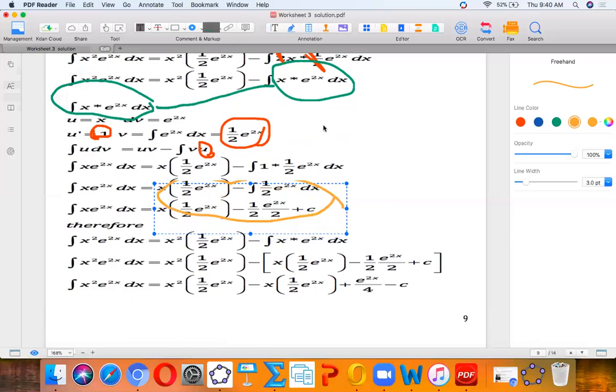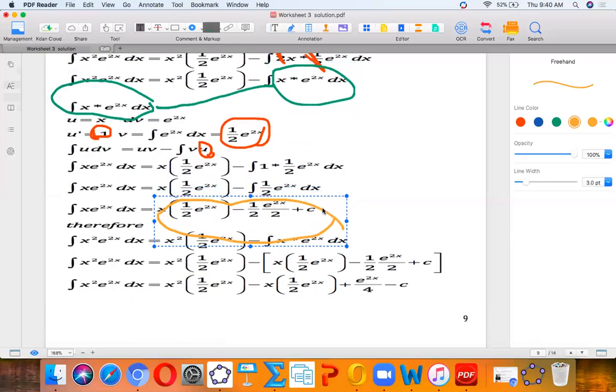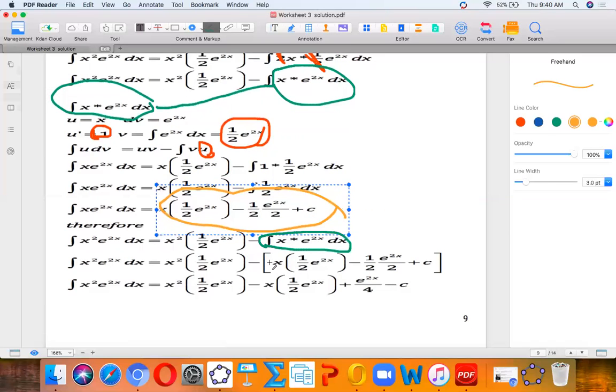So all of the green section will be replaced with what I have in yellow. Right here, I am going to replace it with the yellow. So that's why I have this square bracket with all of what I have in yellow.